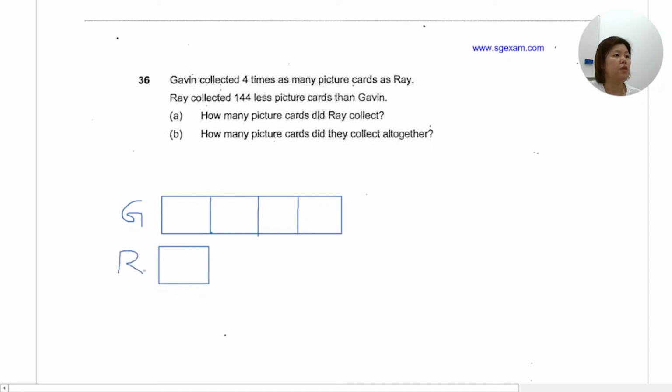This is Ray. Ray collected 144 fewer picture cards. So if you can see, from here to here is 144. Okay, all these are 1 unit.